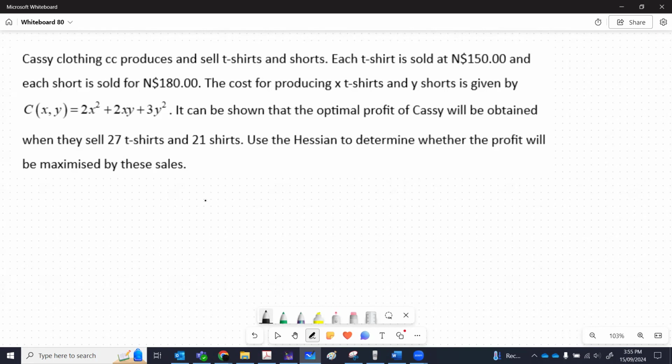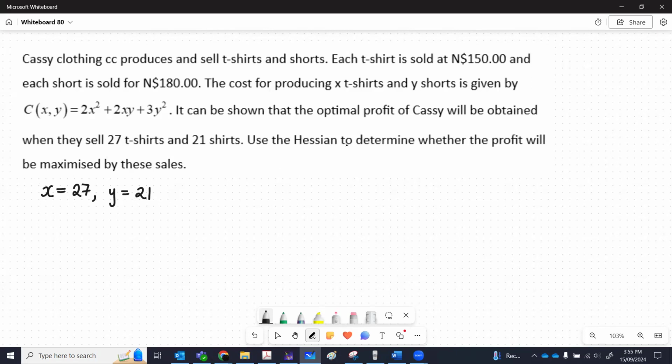Okay, so here we are being given our critical point. So X is equal to 27 and Y is equal to 21. So we have a critical point at the point when X is 27 and Y is 21.